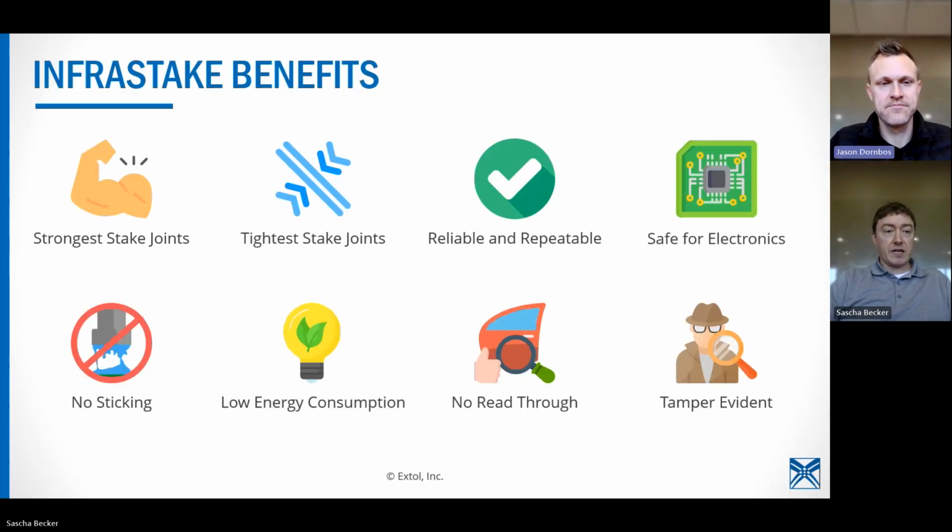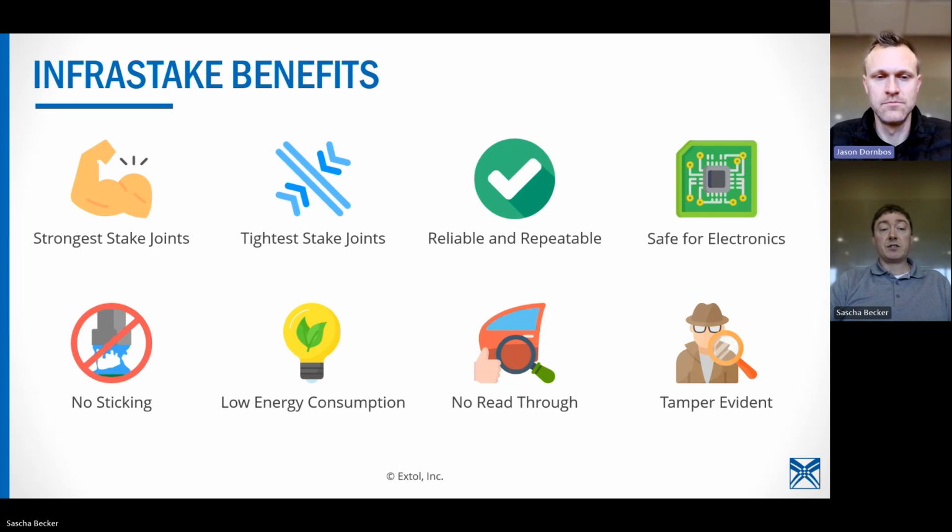Okay, so just to conclude with some InfraStake benefits, we are softening the boss before staking, so we're allowing that material to flow easily, which minimizes internal stresses, which allows us to get strong stake joints. The modules themselves clamp the workpiece together independently, applying that independent pressure right over the stake.